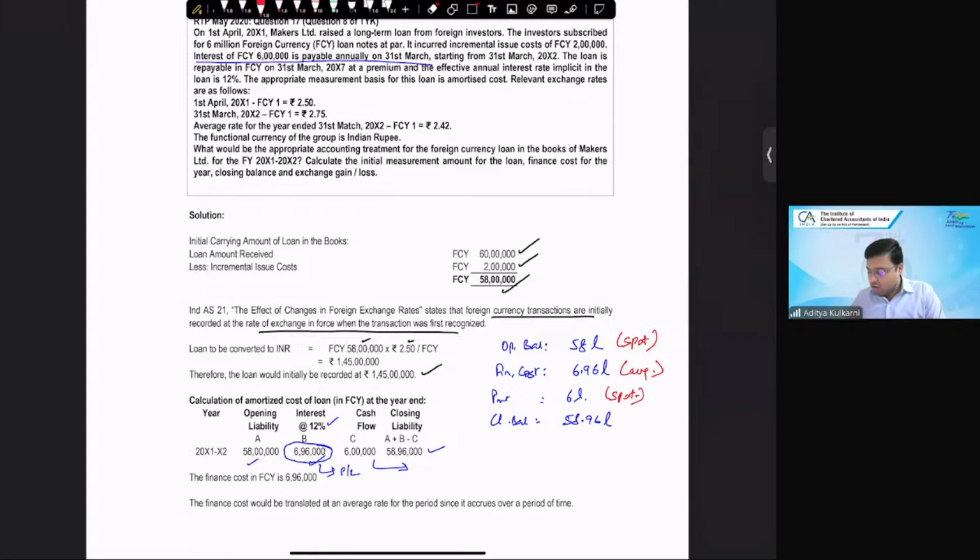And the closing balance will be at the closing rate. Are we able to understand? Yes, sir.